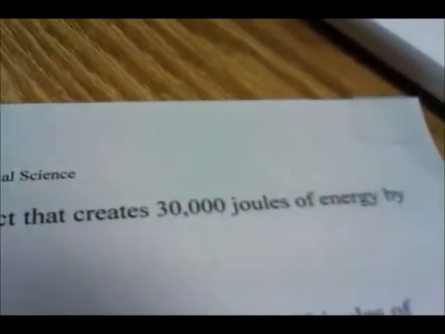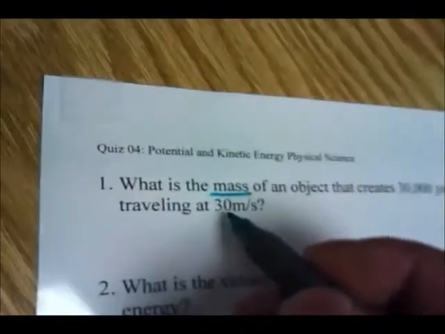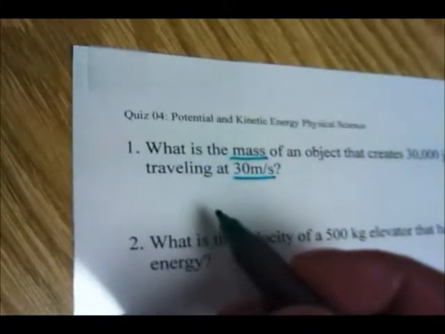What is the mass of an object that creates 30,000 joules of energy by traveling at 30 meters per second? We were trying to find the mass, and we have the speed. Therefore, we're going to use kinetic energy.